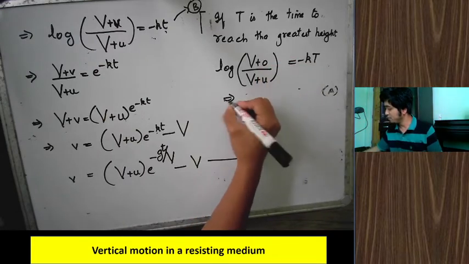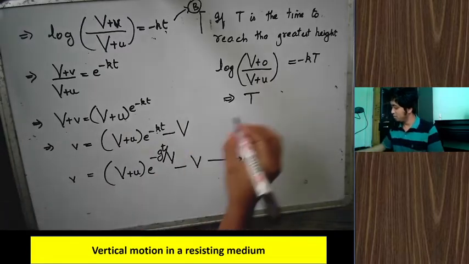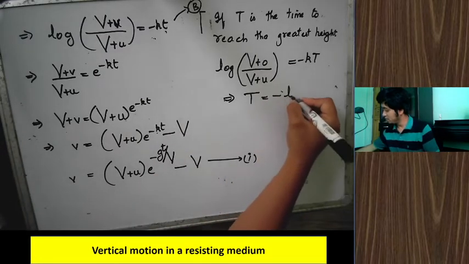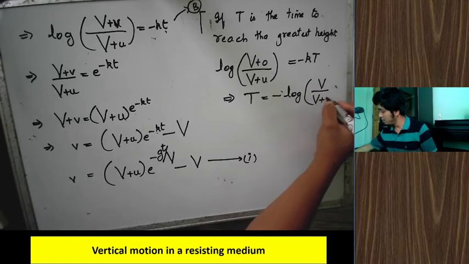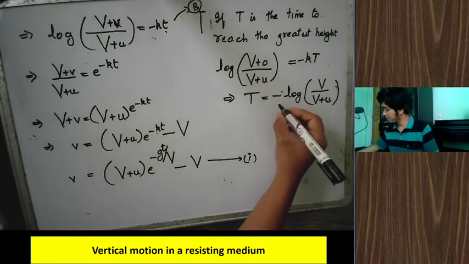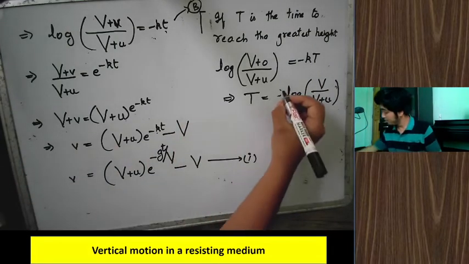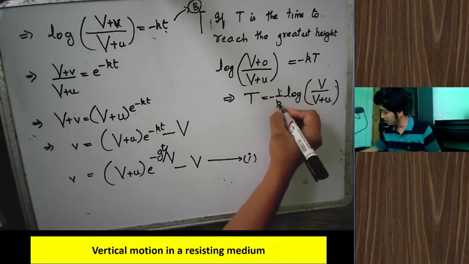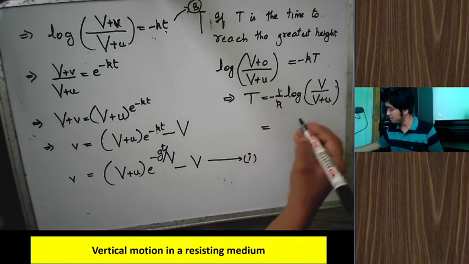So that is why we will get that the time to reach the greatest height will be equal to minus 1 by k log V upon V plus u. If you don't want this minus sign, we can interchange the log.